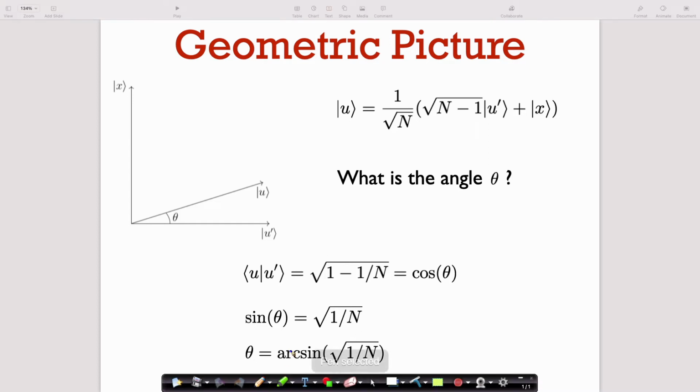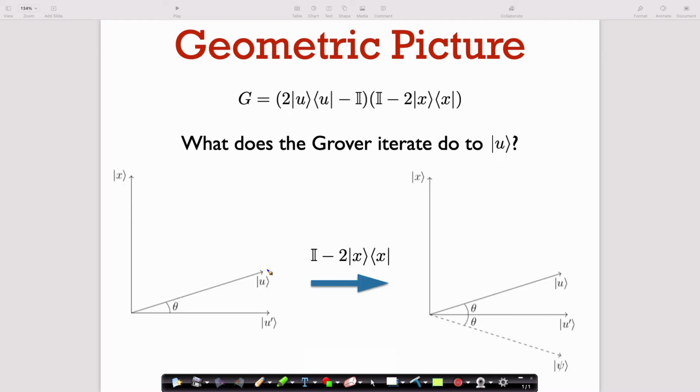And since for small theta, sine of theta is roughly theta, that's the first term of the Taylor approximation, for our intuitive picture we can roughly think of this angle as square root of 1 over n.